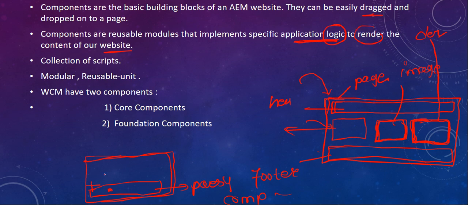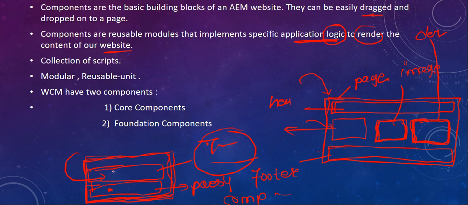So this is the website I have, and inside it I'm going to add a text component. Inside this text component we have some meaningful information, that means some content. First we have a title, and later a description. This is nothing but your information only, and this information is rendered through this component to your website.